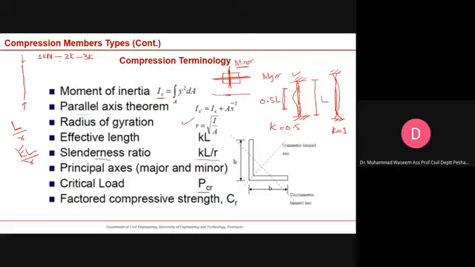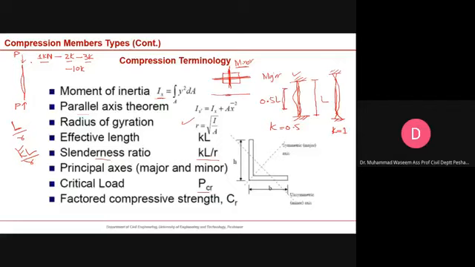This represents the magnitude of P. At 1 kip you will not have any buckling or deformation in the member, and at 2 kip you will not have any, but if you keep on increasing the load, say at 10 kip, there will be deformation in the member.